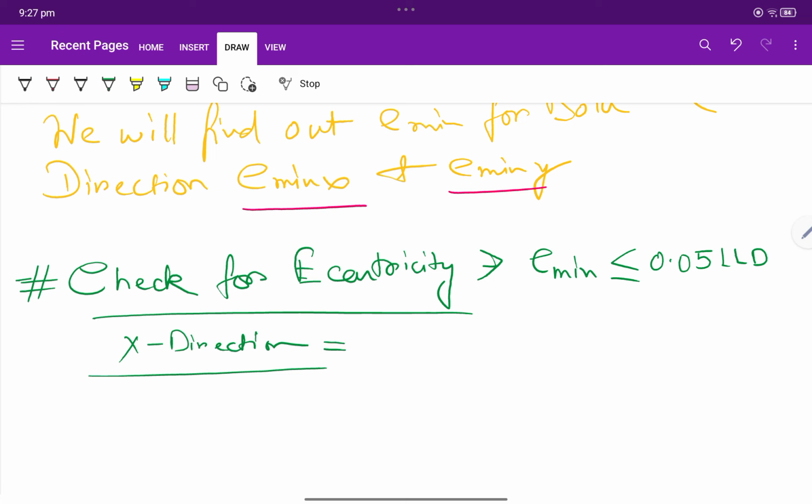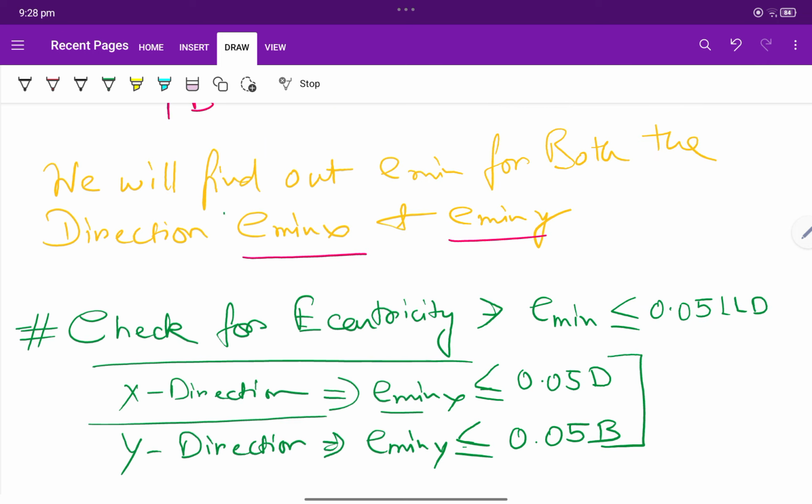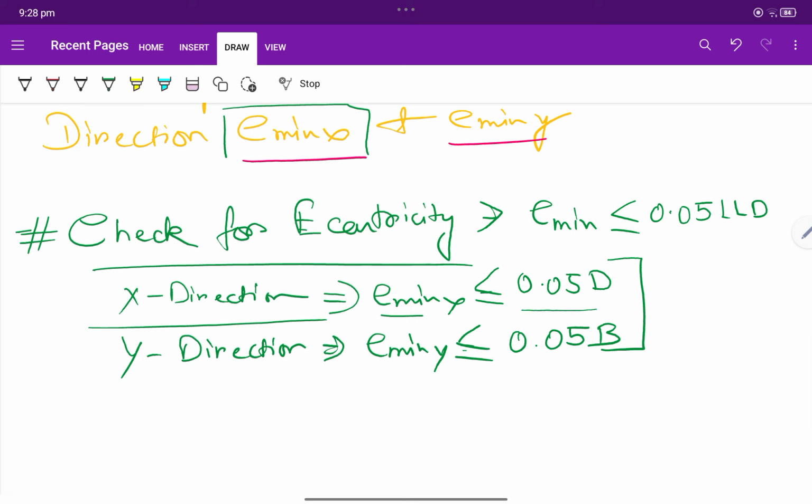For the x direction, E minimum should be less than or equal to 0.05 D, and for the y direction, E minimum should be less than or equal to 0.05 B. If the calculated value is less than that, then only we will consider the eccentricity value.